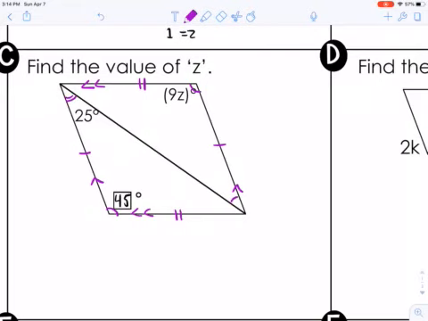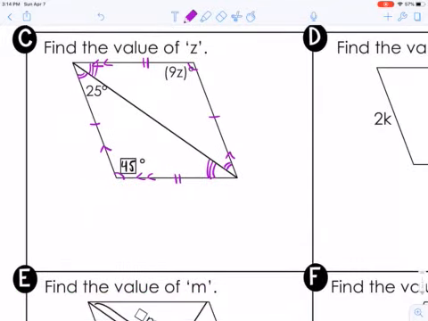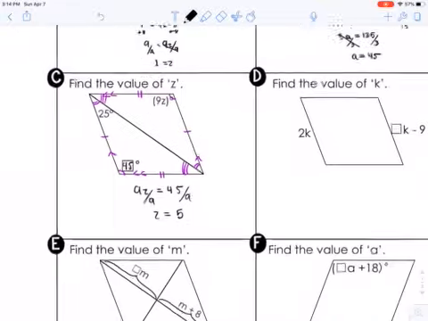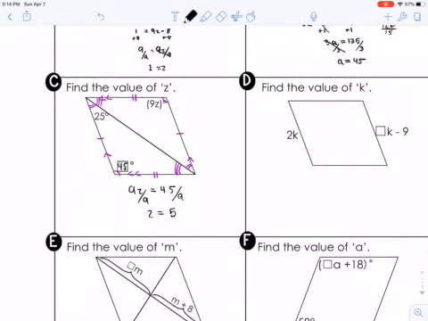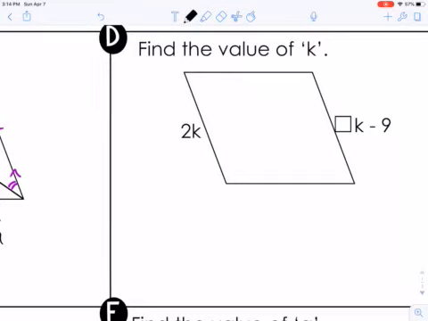So that means this angle is congruent to that angle, and this one is congruent to that one. Now that our picture is all marked up, we can see that 9z equals 45. We're going to divide by 9 on both sides and figure out that z equals 5. Now we're going to take that 5 and plug it into the box for the next problem. So we're going to put 5 right here and then get started.